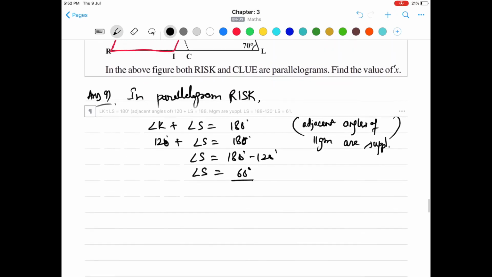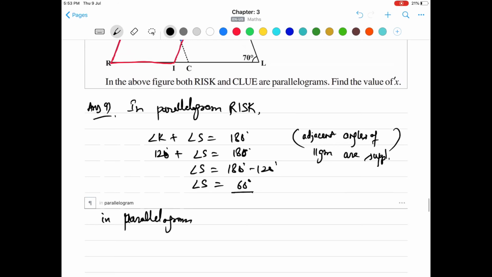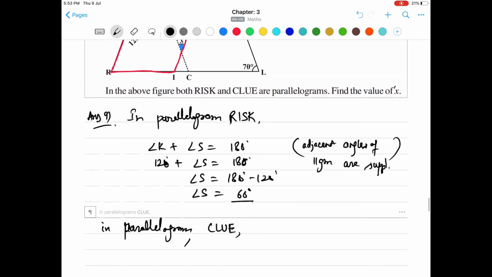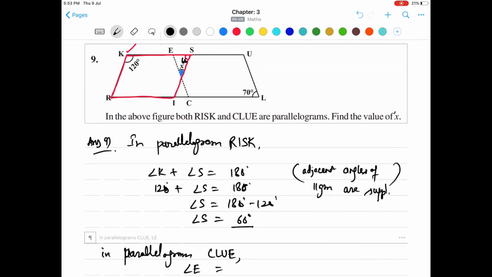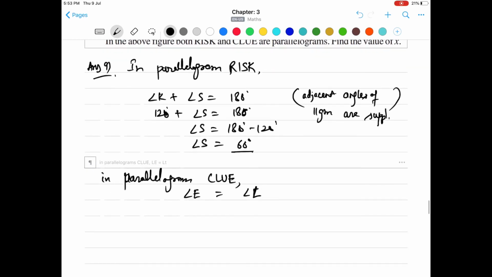Similarly, now in parallelogram CLUE, angle L and E will be equal, because they are opposite angles of a parallelogram.